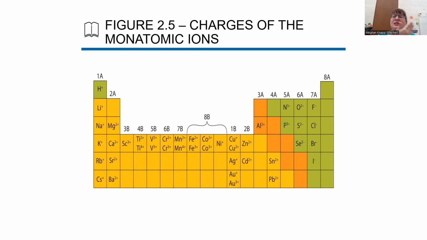Some of them are +1, some of them are +2, some of them are +3, but they're all positive. In contrast, if we look on the green side, the right-hand side, all of these are forming negative charges. So nonmetals tend to form what we call anions, or negatively charged ions. So that's going to be important when we start talking about ionic compounds and forming them together.